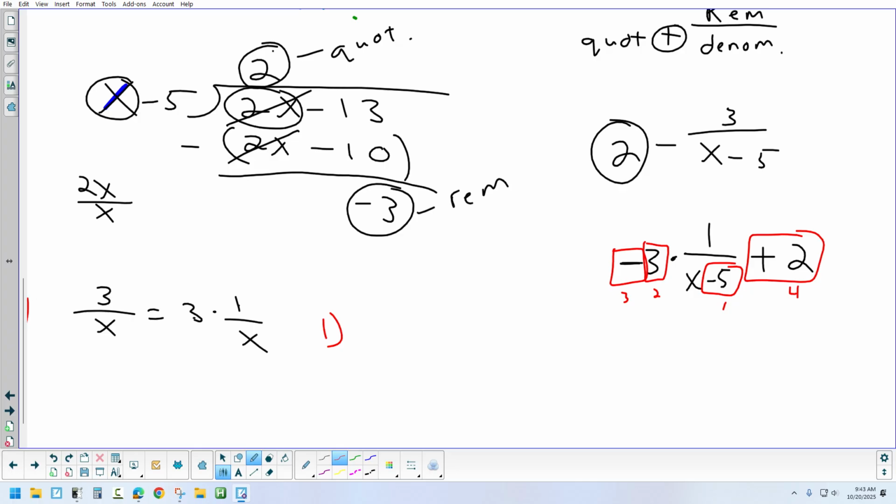What's that minus 5 going to do? Horizontal shift. Which way? To the right? How many? 5. So that's the first step. Shift right 5.